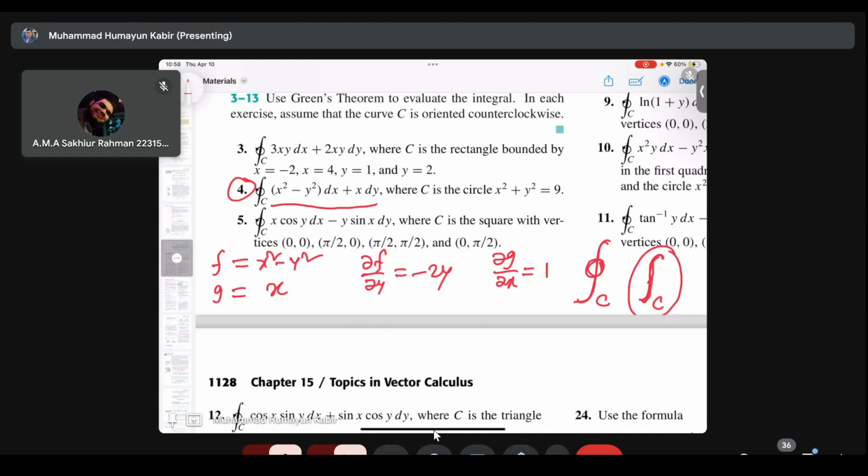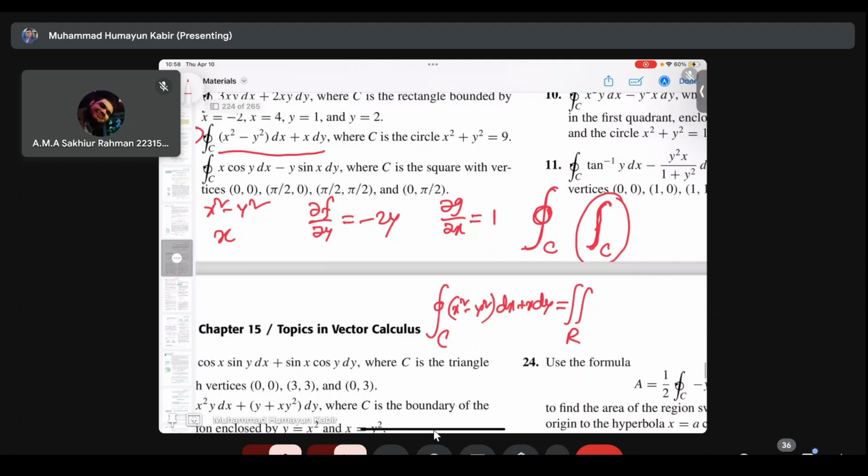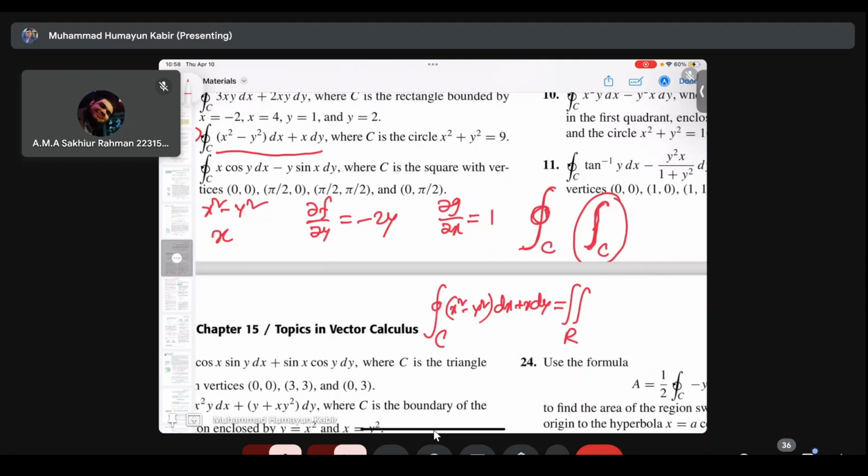Now we want to apply Green's theorem here. According to Green's theorem, may I write like this? Equal to the double integral over the region R of del g del x minus del f del y, where del g del x is 1. This is Green's theorem.